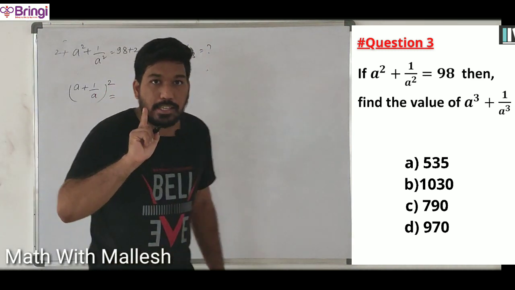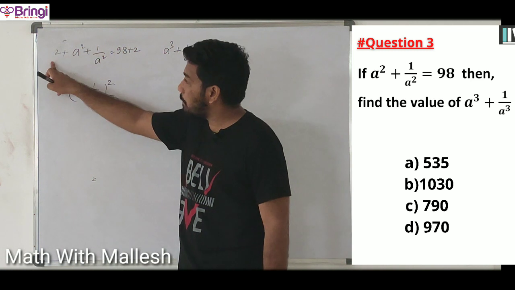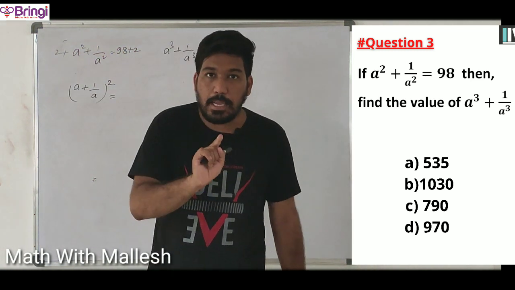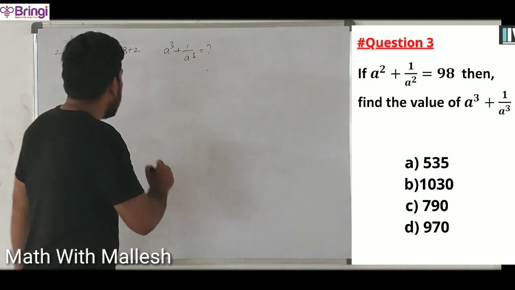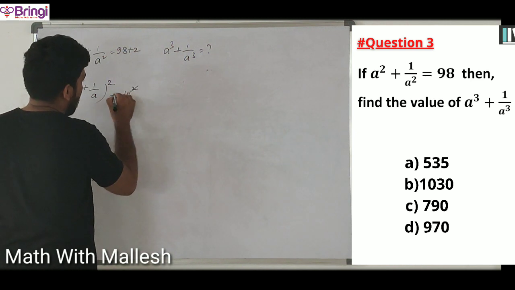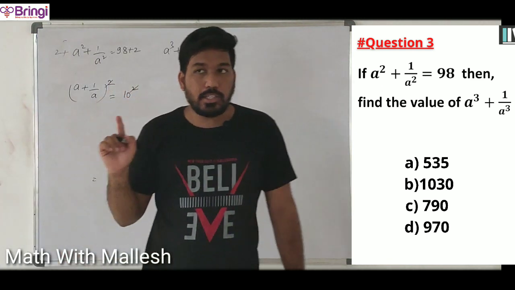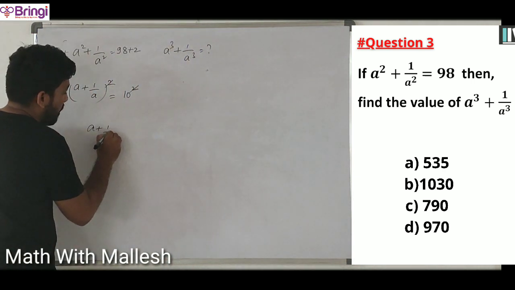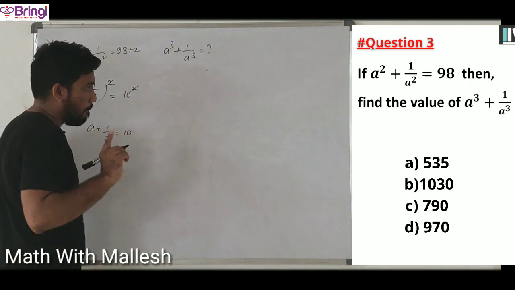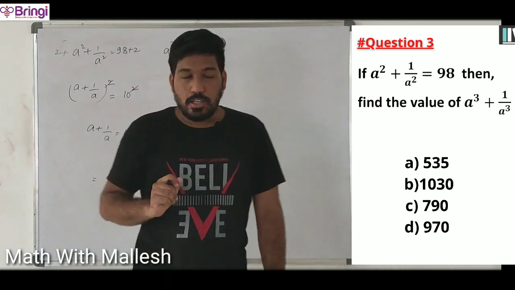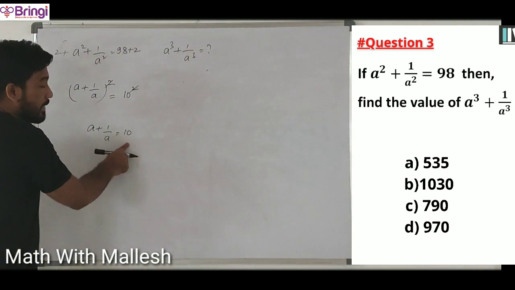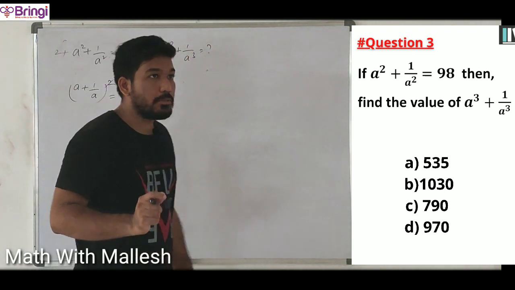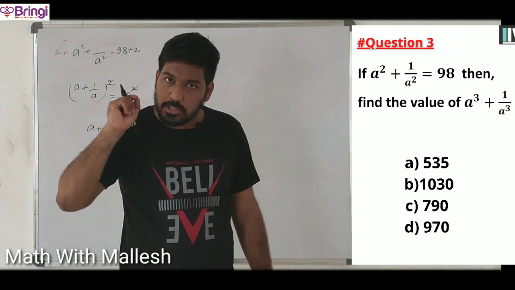Clearly understand, a square plus 1 by a square plus 2 is equal to a plus 1 by a whole square, which is equal to 10 square, and the square will cancel. So finally what we are going to get, a plus 1 by a is equal to 10. Is it clear? That's fine. So whenever a plus 1 by a is equal to 10, they are asking you a cube plus 1 by a cube, how much? Almost the sum is completed.